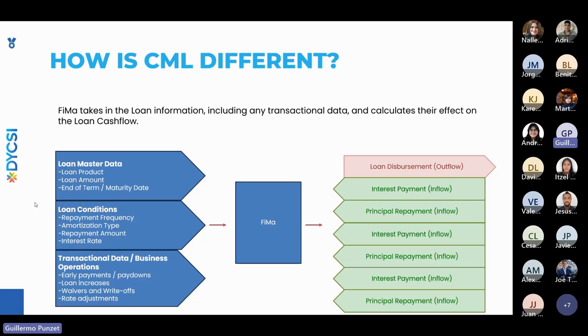Also loan conditions like the repayment frequency, the amortization type, which can be maybe a French amortization or straight line amortization, or even increasing payments. You can have different amortization types, the repayment amount and interest rate, and also transactional data like early payments or paydowns or loan increases that can happen over time, waivers and write-offs, rate adjustments, and basically any other transactional operation made on the loan.